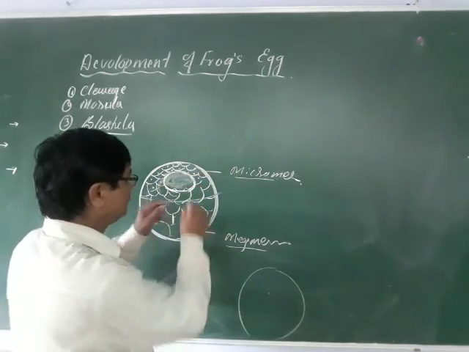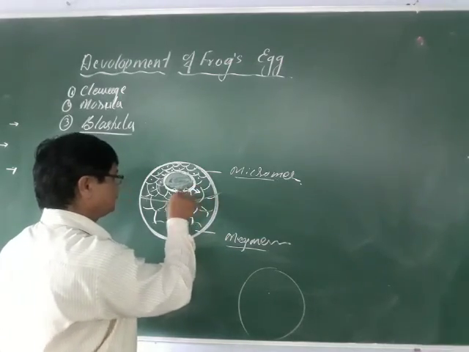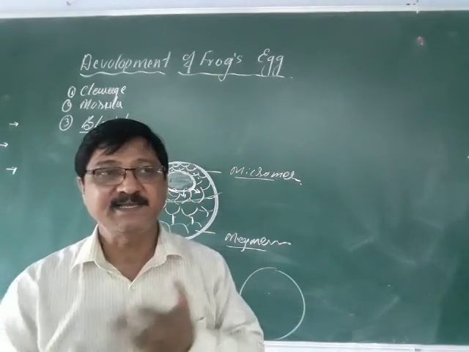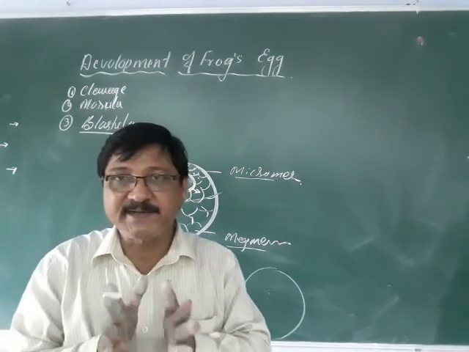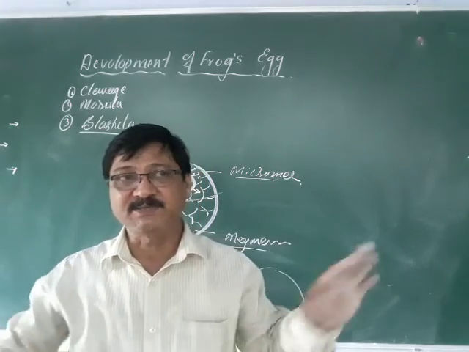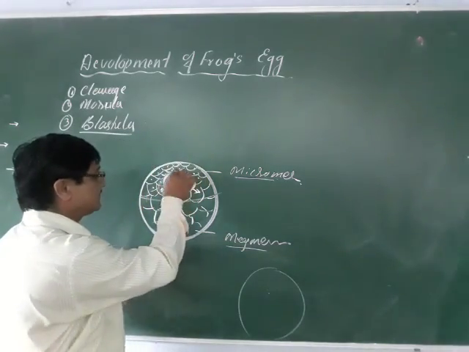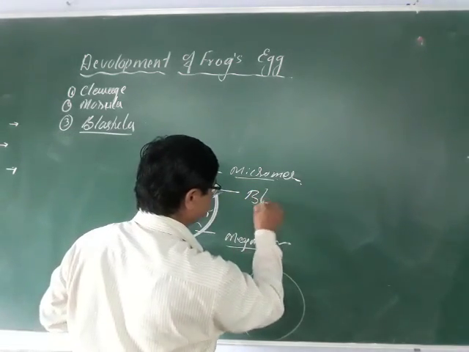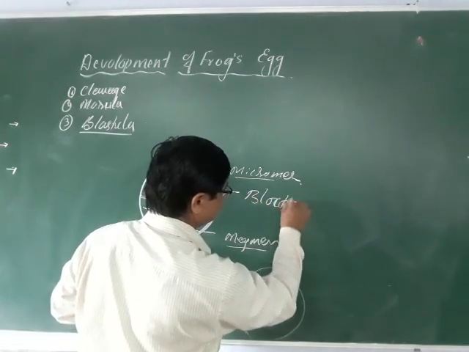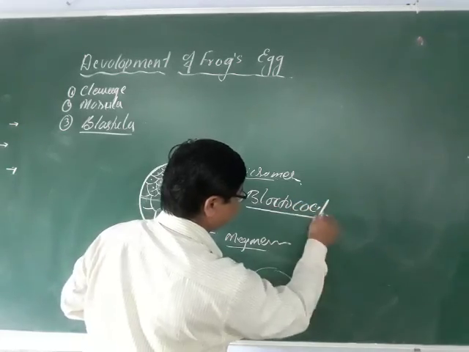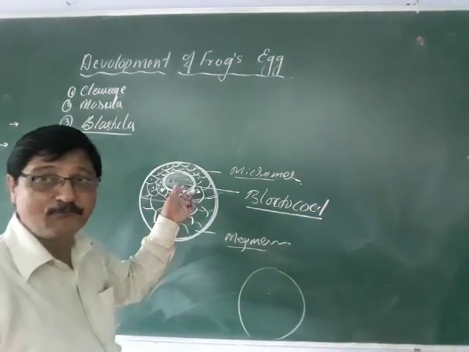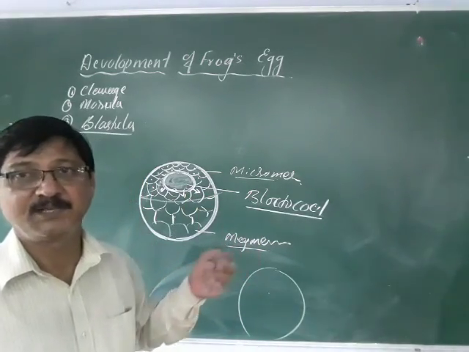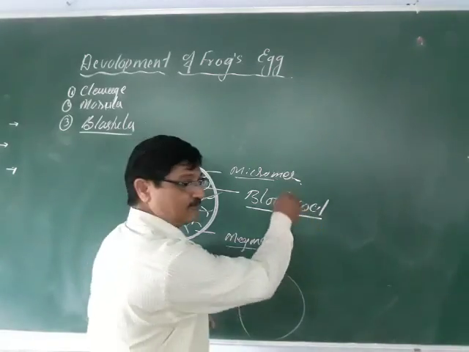The divided cells show a tendency towards the outside, or you can say the periphery, and as a result a cavity is formed, and this cavity is nothing but the blastocele. That cavity is filled with a fluid-like substance, the blastocelic fluid, which you can say is like coelomic fluid.